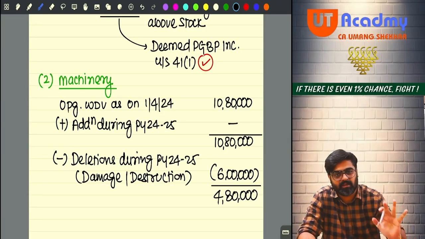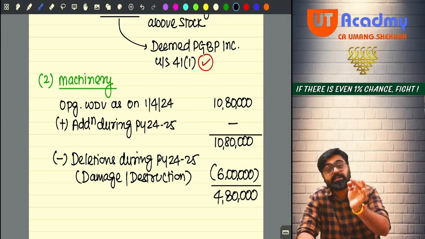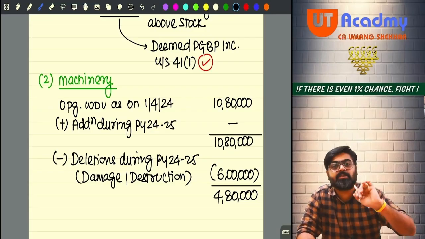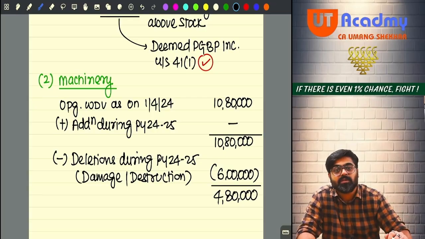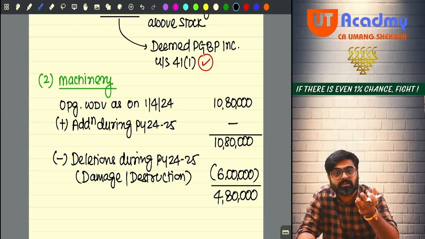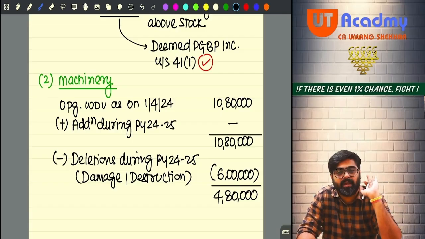The best interpretation, I tell you: salvage machine still in the block and used in the business. If this is not mentioned, we will assume that the salvaged portion of machinery was not usable, and it was taken away by the insurance company.